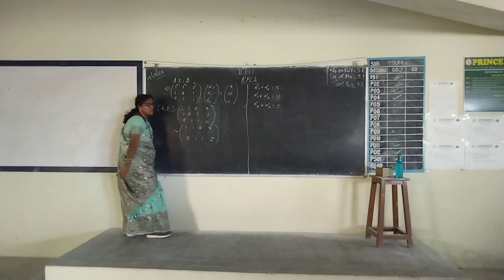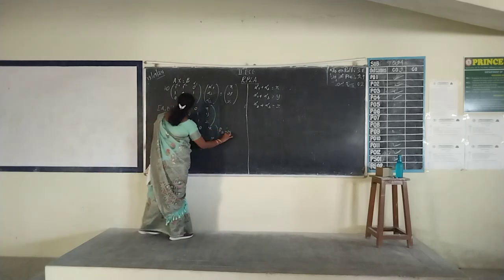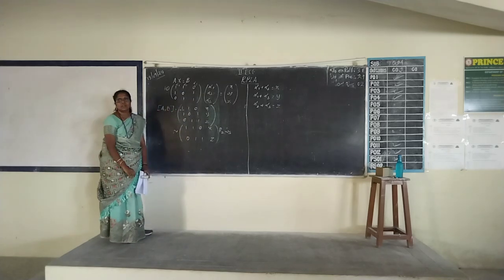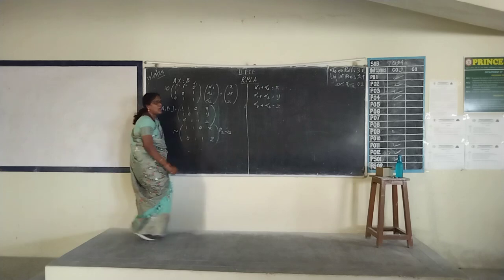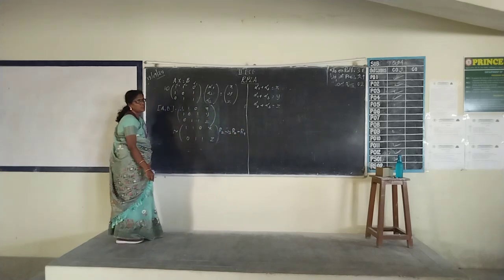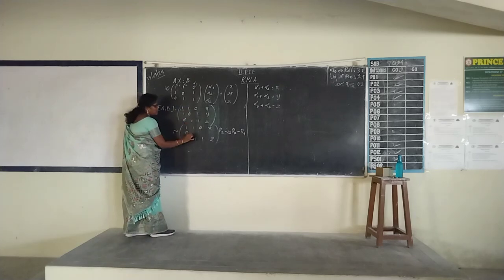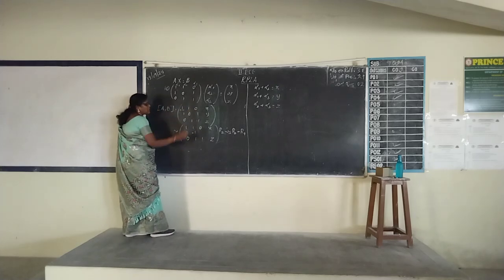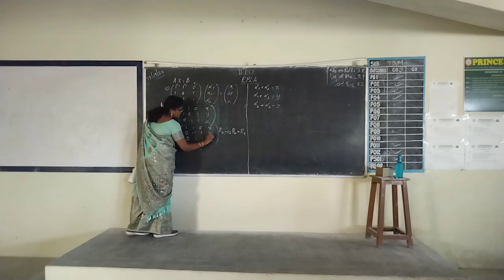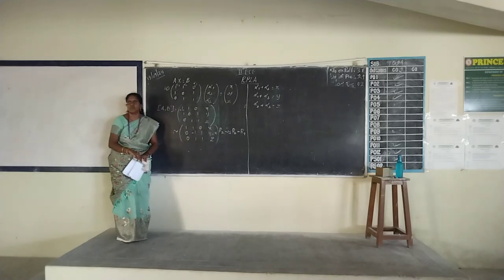We are going to do the transformation only in R2. So R2 has here 1, here 1. How can we make it a 0? R2 minus R1. So subtract both. 1 minus 1 will become 0. 0 minus 1 will become minus 1. 1 minus 0 is 1. Y minus x. Okay, first transformation is over.